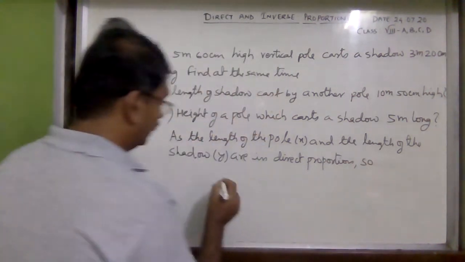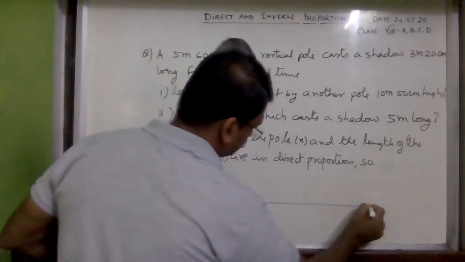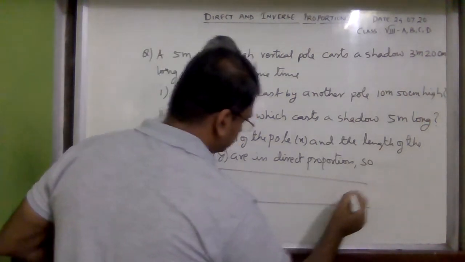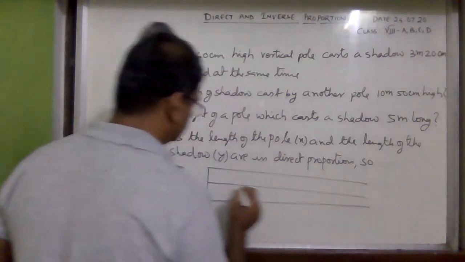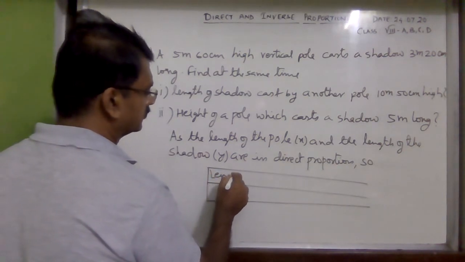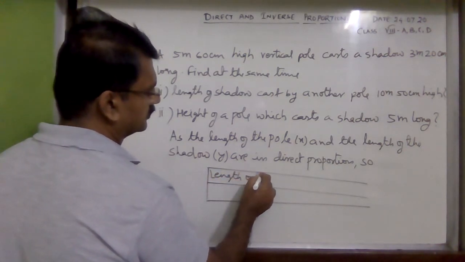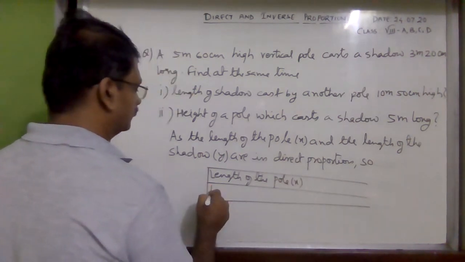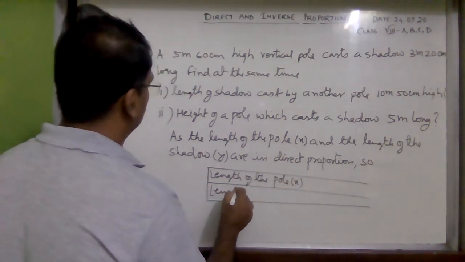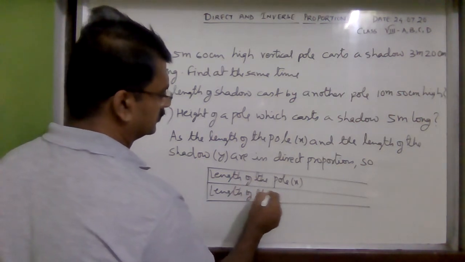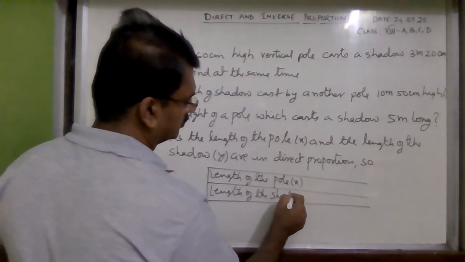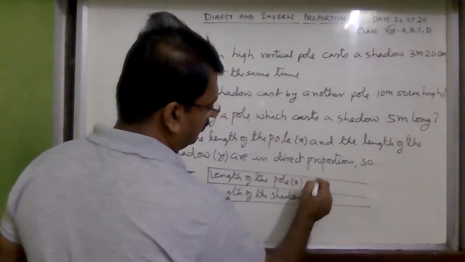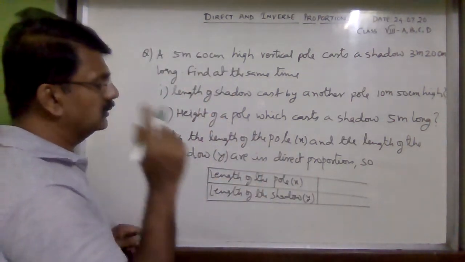So you make a table: length of the pole, length of the shadow.